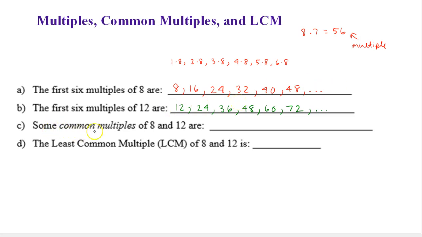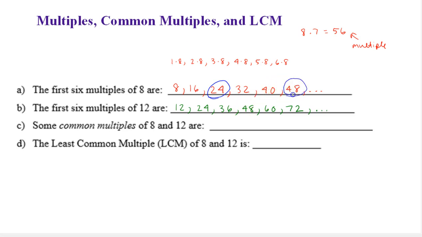Now, some common multiples of 8 and 12 are, well, let's circle common multiples. Again, you want to be systematic. I'm going to start with the first list, compare it to the second list, and circle any I see in common. They don't have 8 in common. They don't have 16 in common. They both have 24. They do not both have 32. They don't have 40 in common.